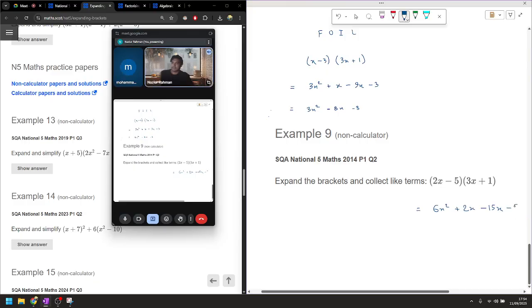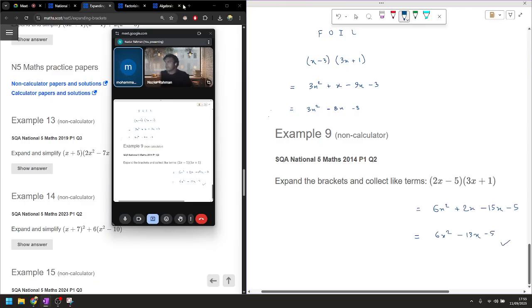Yep. Good. That's it. And then so 6x squared, and then minus 13x. Yeah, well done. And then the last term, just minus 5. Well done. That's it.